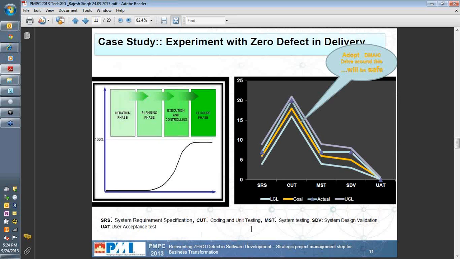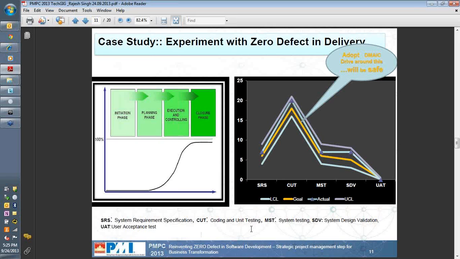We have a very good statistical control system in the organization. We churn the data, we crunch the data, we take a lot of information out of it, and then we create a baseline for how the SDLC phases must be controlled by the project manager.